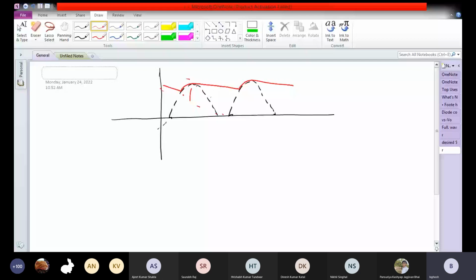So we mark this as t prime, the forward time, and this time we mark it as capital T prime. And this is the period, time period.